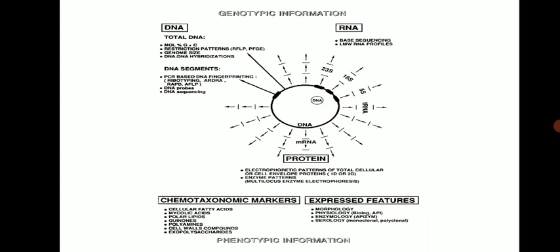Here in this picture you can see the different approaches or techniques used in microbial identification, summarized. The upper portion is headed with genotypic information. As the name suggests, it means the identification of microbes based on genotypic characteristics, and includes DNA based methods as well as RNA based methods.